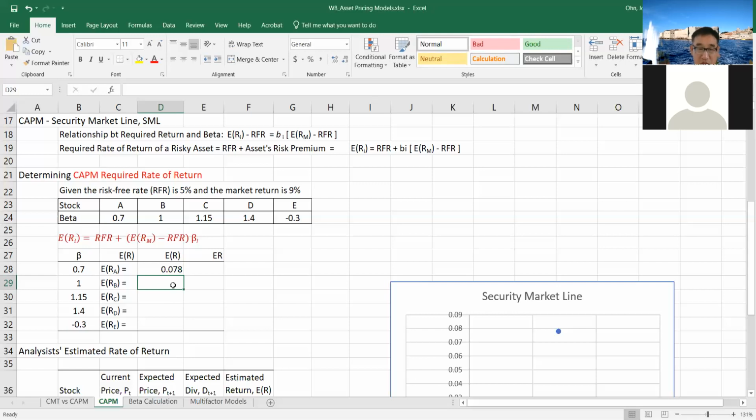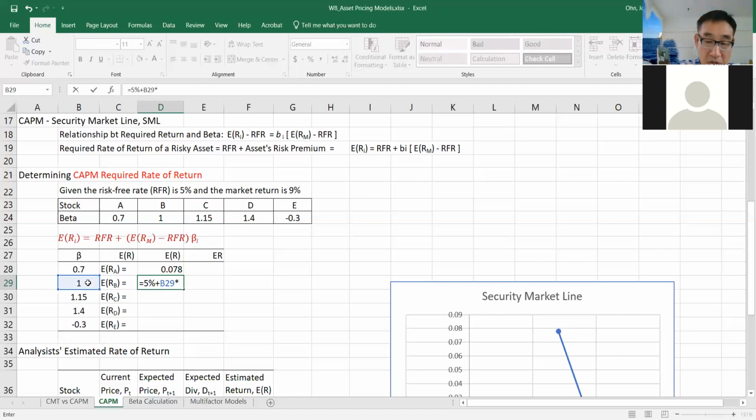And then if beta is 1, what's your guess of the return of stock B? Stock B's beta is 1, and the expected return for stock B is exactly the market return, right? So let's do the same thing. 5% plus beta times the market return 9% minus 5%.